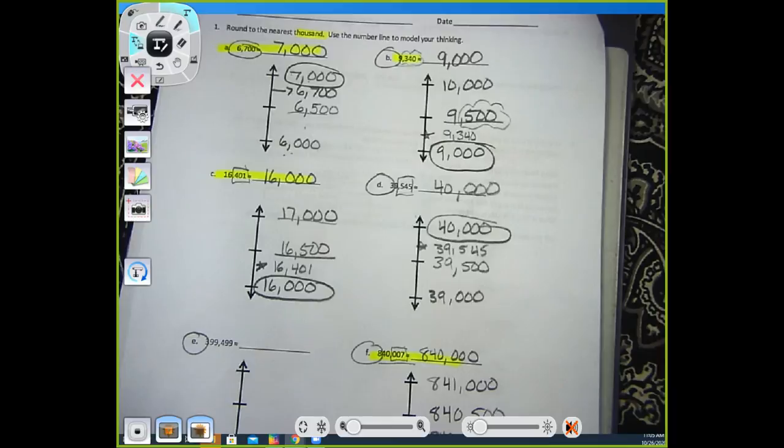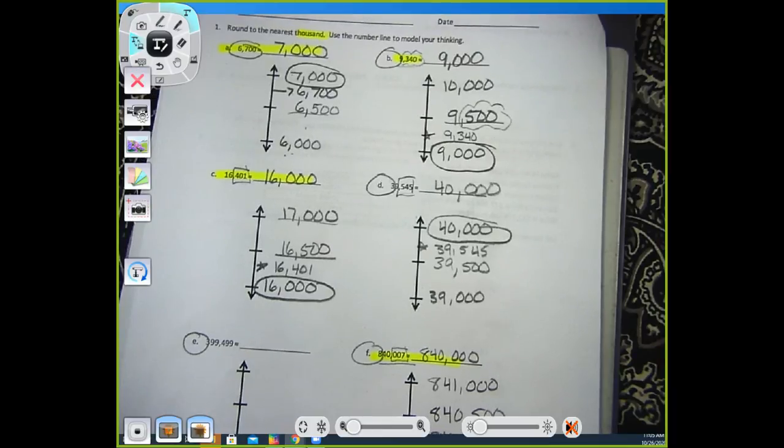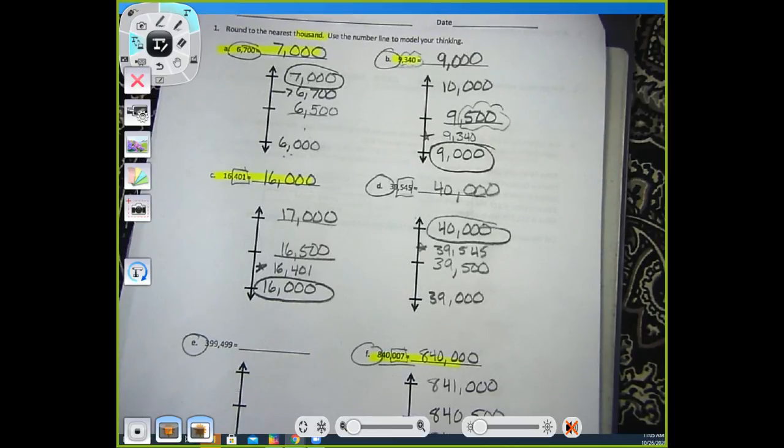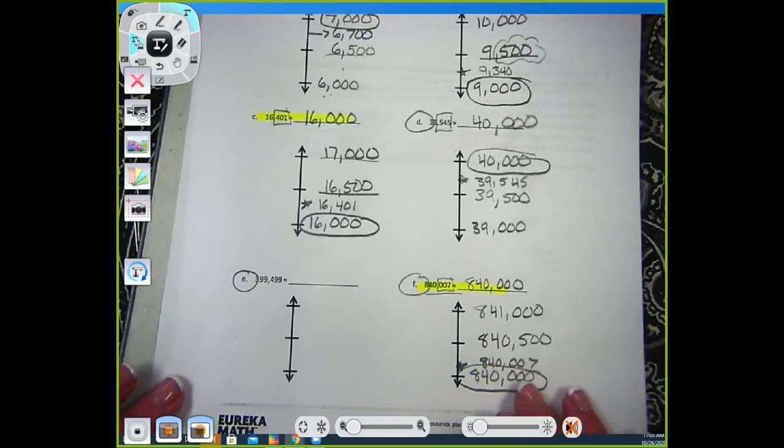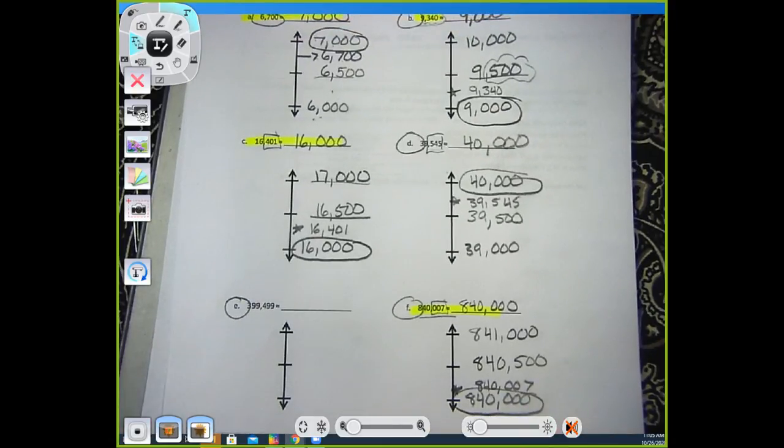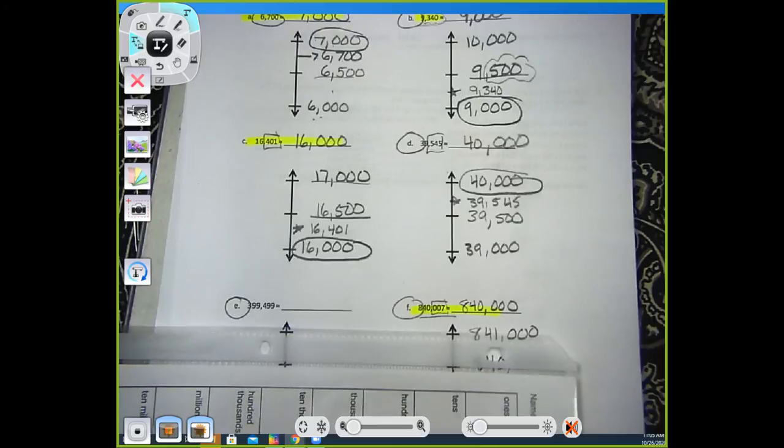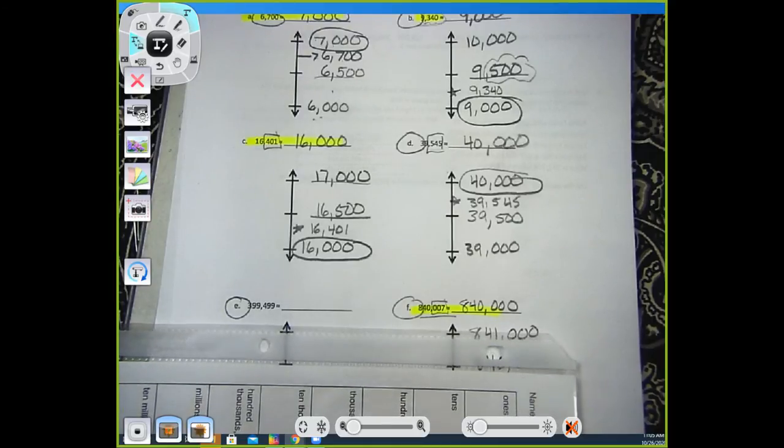Okay, we're going to try the last one. Okay, this one's a little bit bigger. So let's write it on our place value chart. Figure out what digit is in the thousands place. 399,993.